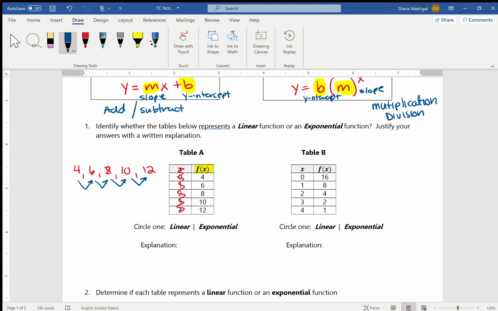Here's your hint: if your numbers are increasing, going up, your two options are either adding or multiplying.